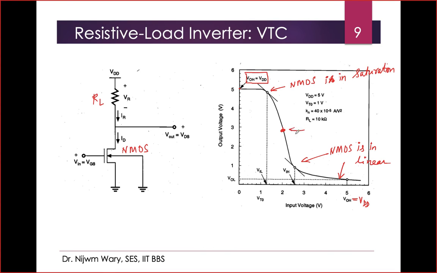At this region, NMOS is again in saturation region, because whenever V in equals V out, the VGS and VDS of this MOS are equal, so definitely the NMOS is in saturation region.